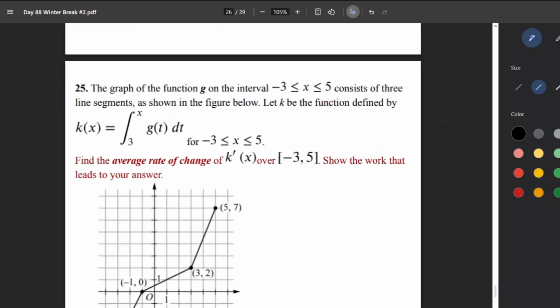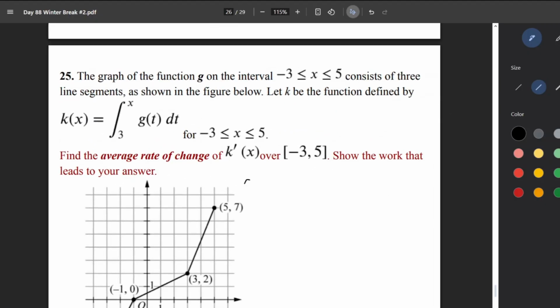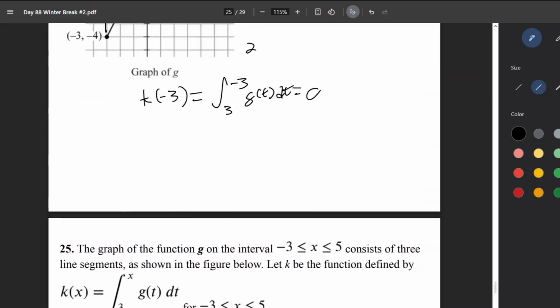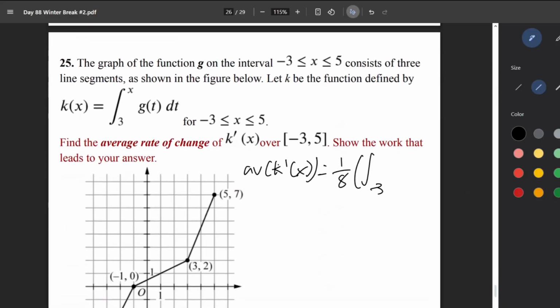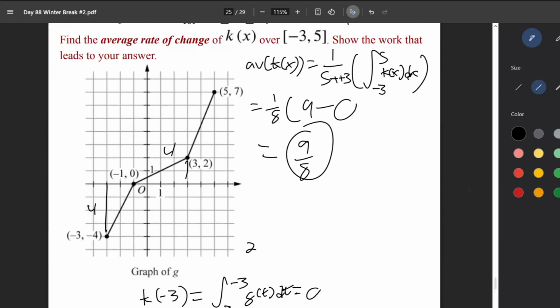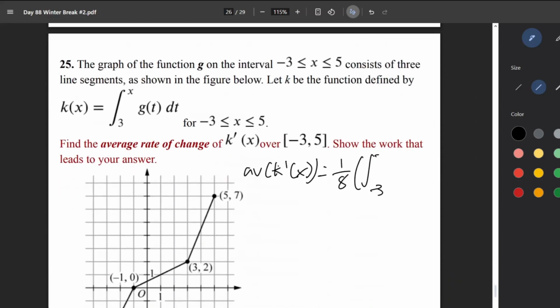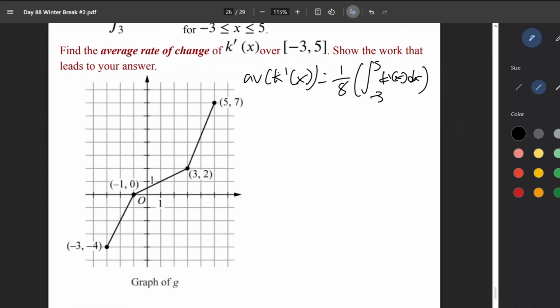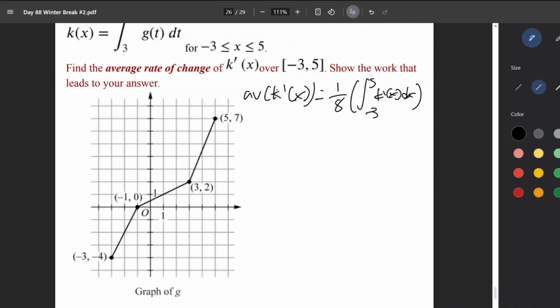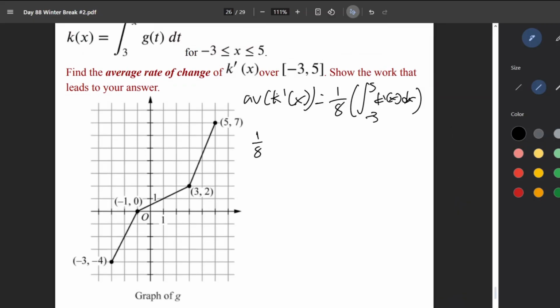Average rate of change of k dash of x. So this one is easier. So it would be AV k dash of x equals 1 over, since we got it from last time, 1 over 8 of the integral from negative 3 to 5 of k dash of x dx. Actually, did I do that one right? I think I did the last one. So we know it's 1 over 8. What is k dash of 5?